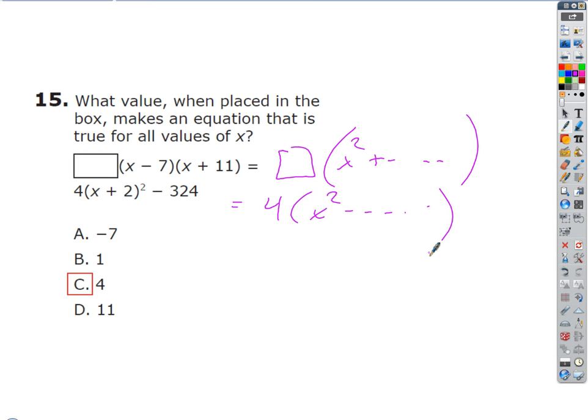How could I kind of just trick the question? Well, we could try all these and see which one works when I pick a certain value for x, because they have to be the same thing, right? So pick x equal 2 and see which of these makes the top one the same as the bottom one.